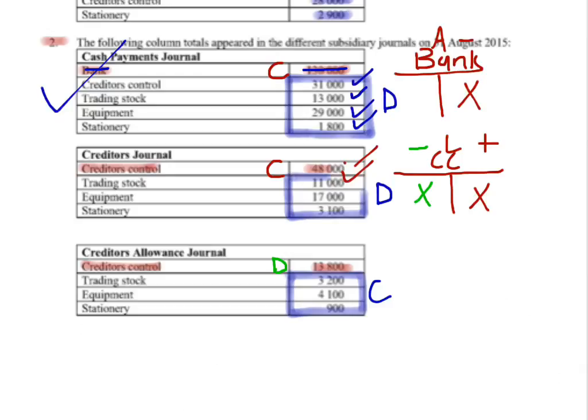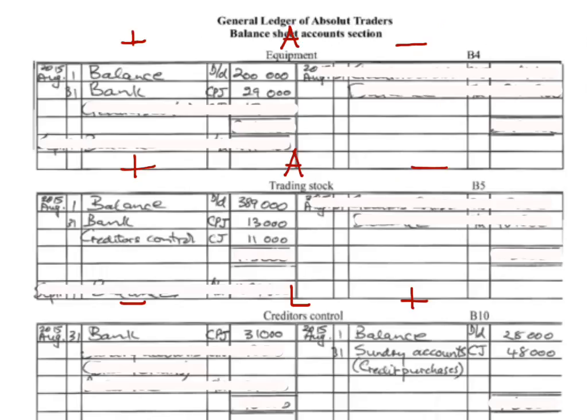The next one is equipment. Equipment of 17,000 Rand was purchased on credit, and we've already established that that should be debited to the equipment account. Let's just think about if this is making sense. If I'm looking at the equipment account, debiting it would mean that I'm increasing it.